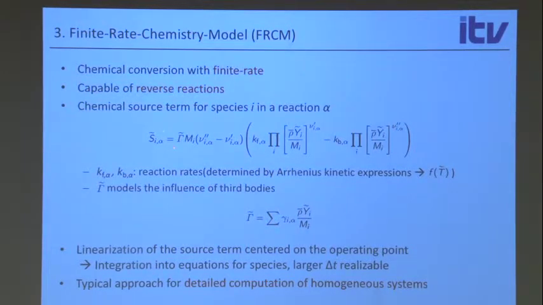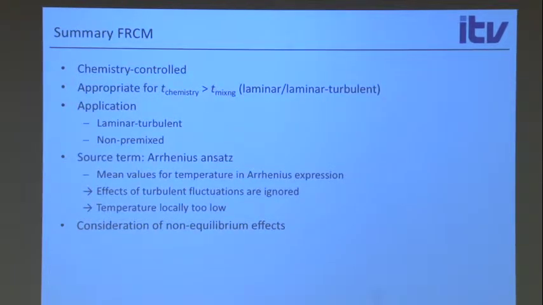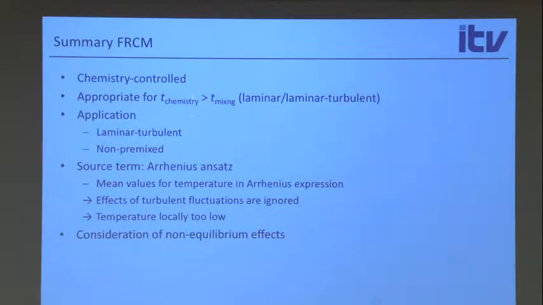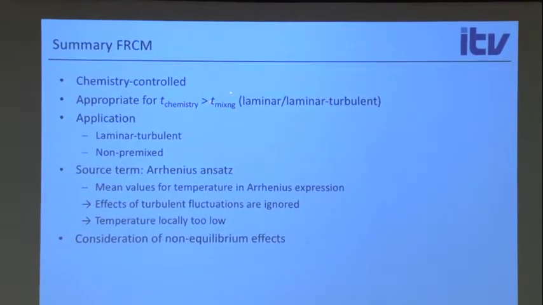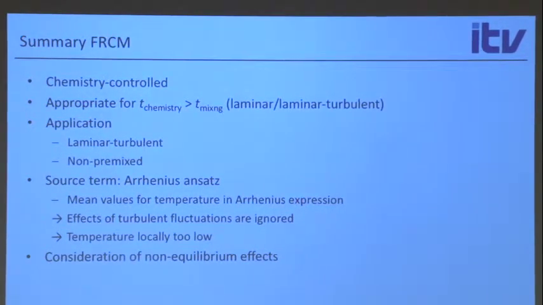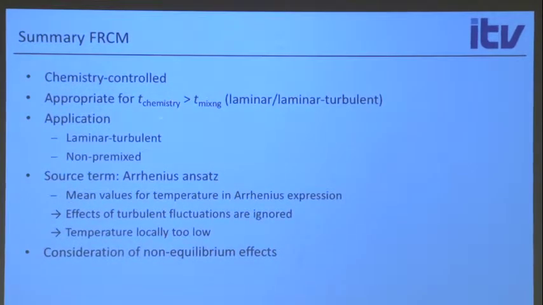Okay, so you see here, this just evaluates everything with the mean quantities. So again, this is appropriate if the chemistry is very, very slow, and mixing is very, very fast compared to the chemistry, but otherwise it would not work.